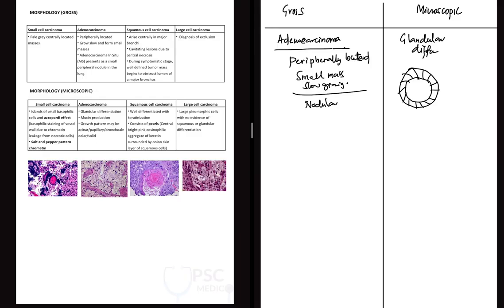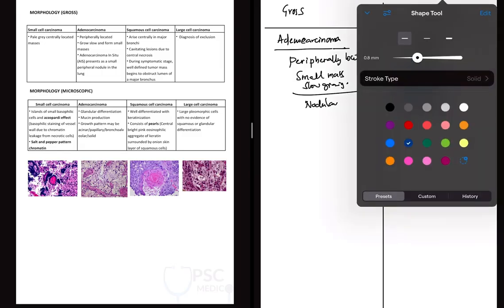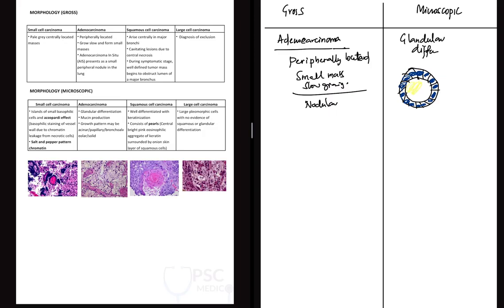Because this is a cancer, you will definitely see an increased nucleus to cytoplasmic ratio, more and more bluishness, and on top of that, in the center you will see mucin or some secretion. We call it mucinous carcinoma, not always true, but definitely they secrete something. So a glandular pattern or follicles will be seen.